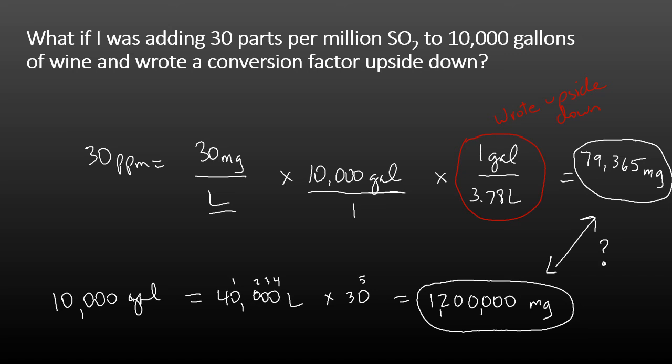What is going on? That is the kind of question that can be posed by doing the big picture smell test or doing the calculation in your head. So when I find an error like that, I have to go back and say, well, what did I do the first time around? Oh, I see. I wrote this conversion factor upside down. All right. So if I go back and replace this with 3.78 liters per gallon, right?